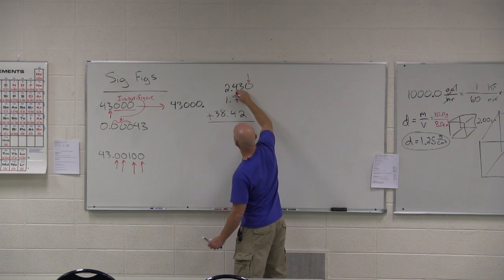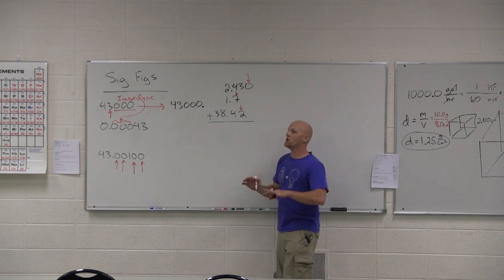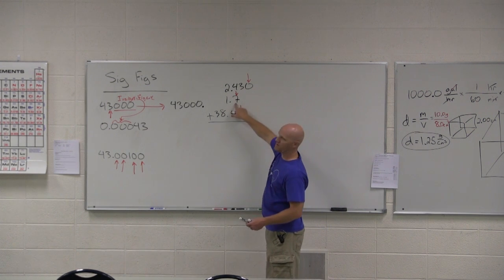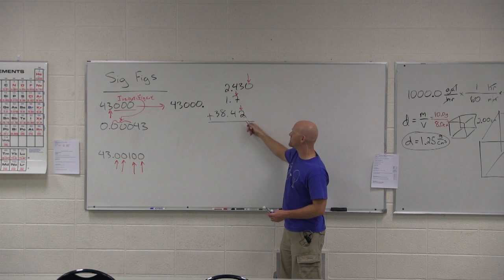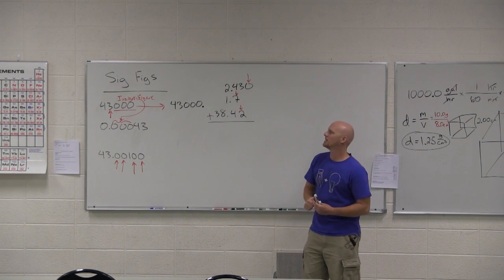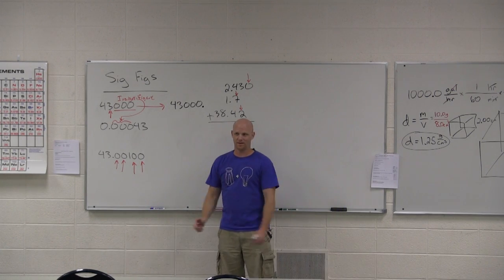And this one, its most significant figure is in the tenths place. And then this one? In the hundredths place. Which one do we know the least precisely? The tenths place. And so our answer should be to the tenths place. Not the thousands, not the hundredths, only to the tenths place. So addition, subtraction, a little bit different than multiplication, division. Cool. That is all I want to say about sig figs.